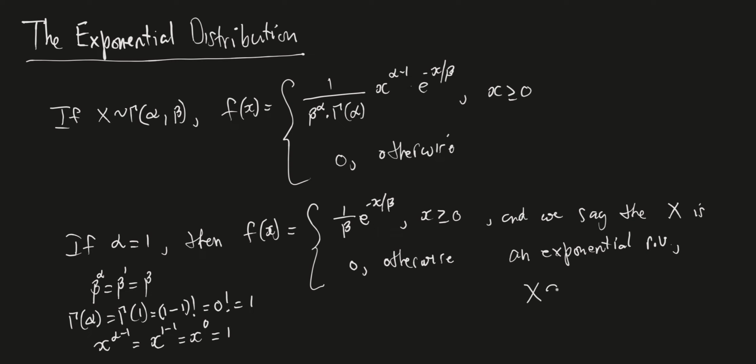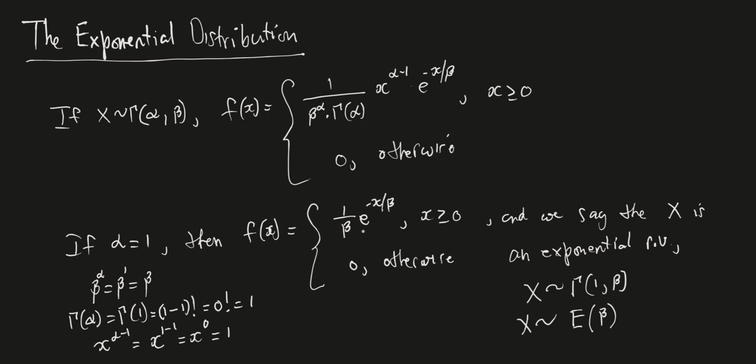So x. You could certainly use the gamma notation and put the 1 there and then put the beta, but since we never really use this, many times we might say that x is distributed, and we just use E for exponential, or the exp if you'd like, and then you just put your beta in the parentheses.